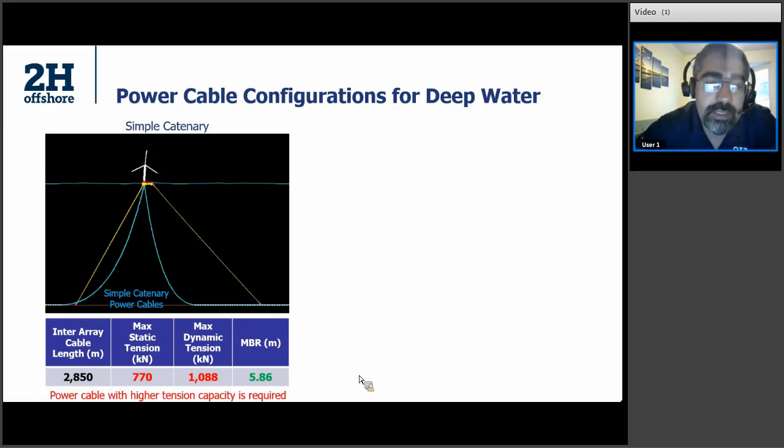The problem is with the tension capacity. Right now, our inter-array cable has a 500 kilonewton tension capacity, but we are seeing dynamic tension around 1000 kilonewton. So if the power cable had a higher tension capacity, this catenary power cable option can be a feasible solution for deep water floating foundations.